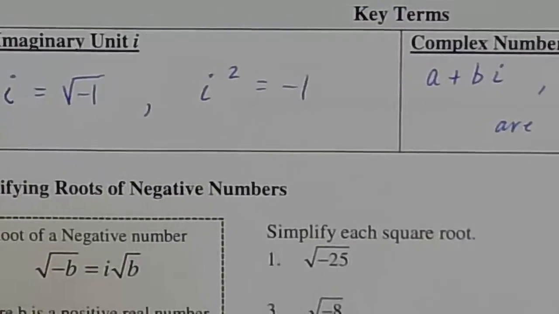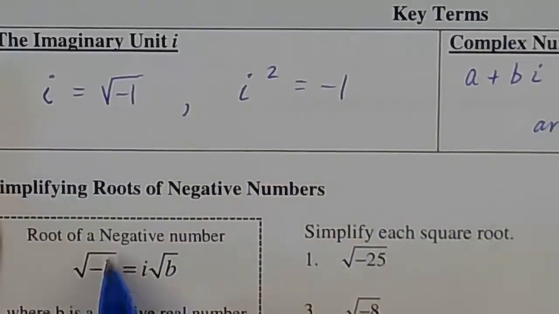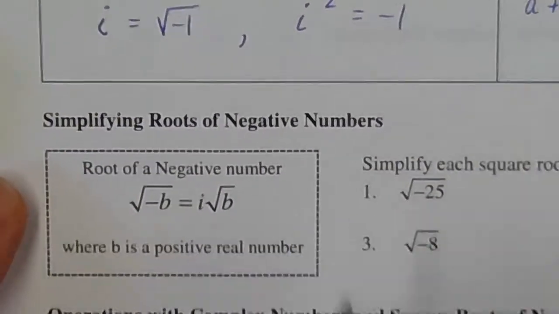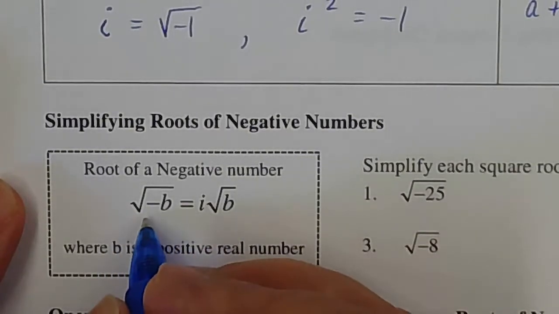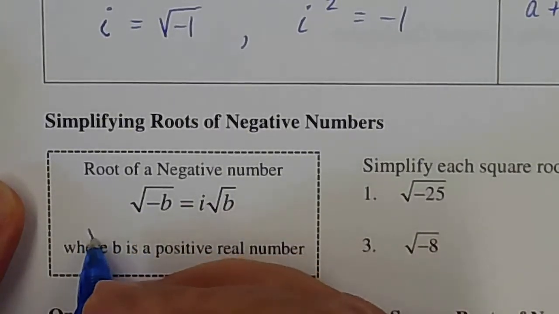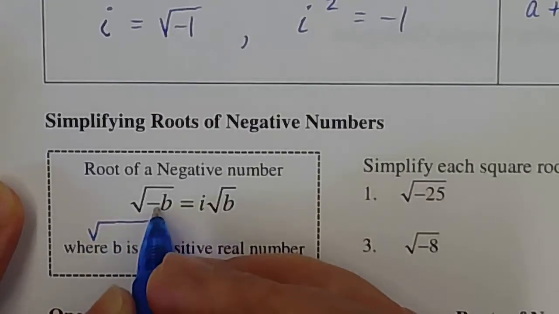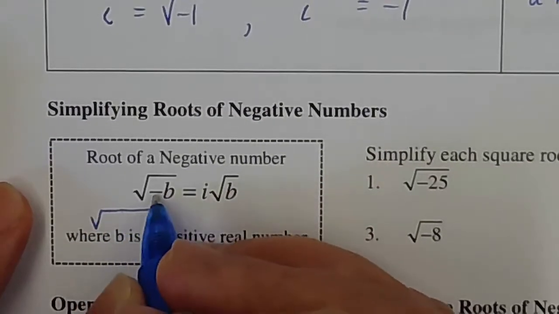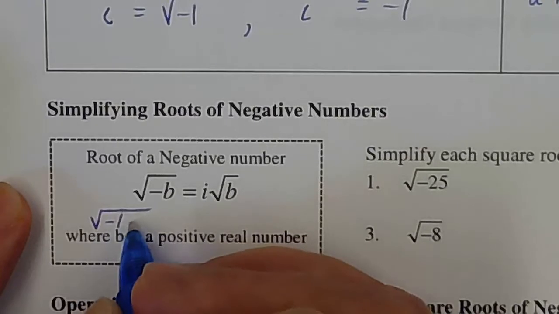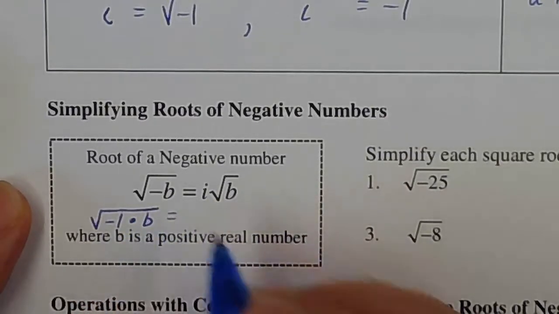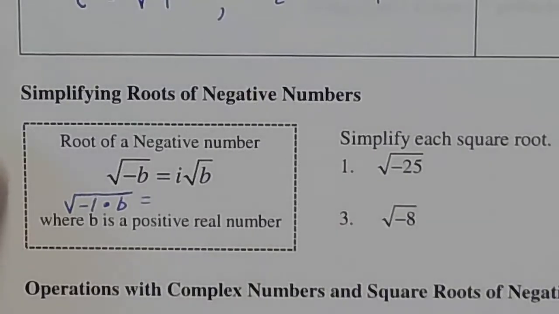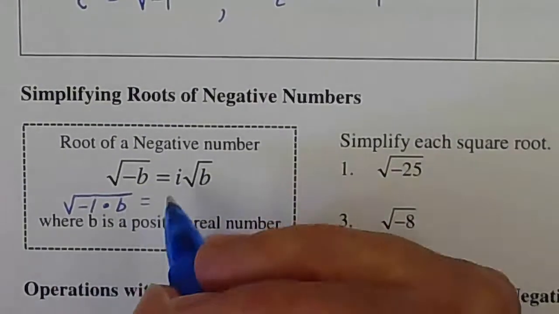All right, so here's how we're going to deal with this negative under a radical using the imaginary unit. Let me add a little step underneath here that will help you realize what's going on. When we have the square root of negative b, that just means it has a negative 1 in front of it, right? Like a negative 1 times b. There's a property of radicals that says we can break it apart if we have a product.